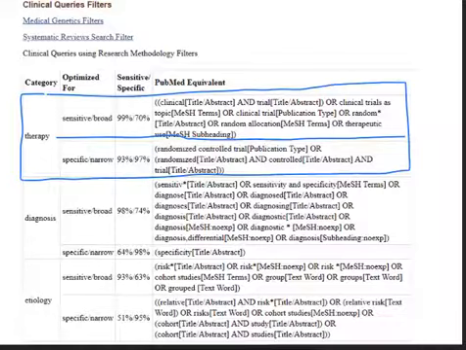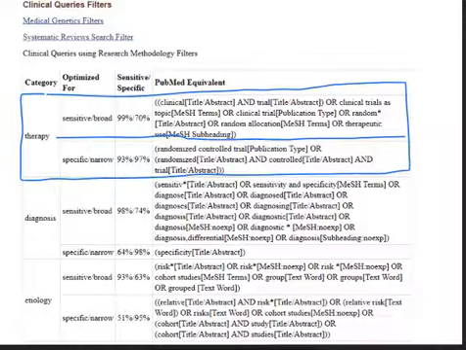So with a sensitive approach, as you would expect, you're more likely to get a larger number of results, and there's a chance some of them are not actually relevant. With the specific approach, you're going to get a smaller number of results, and there's a danger that you have missed some relevant results. So that's what those two options do.